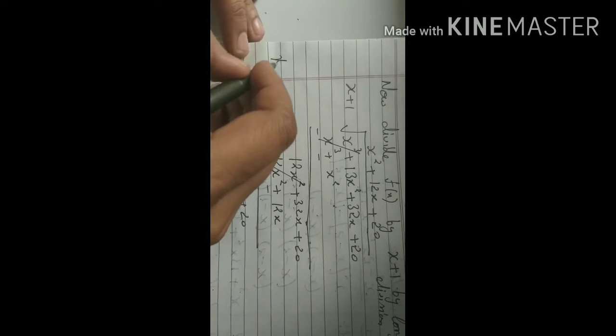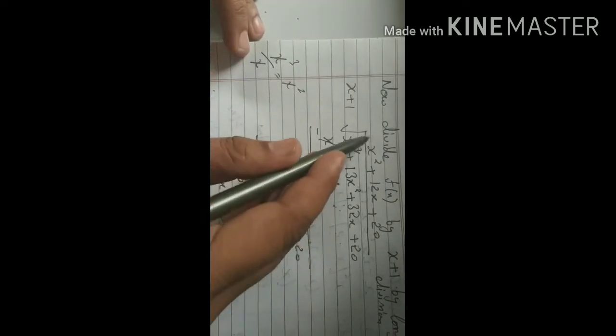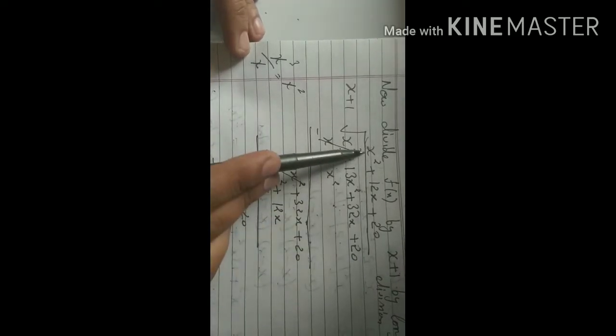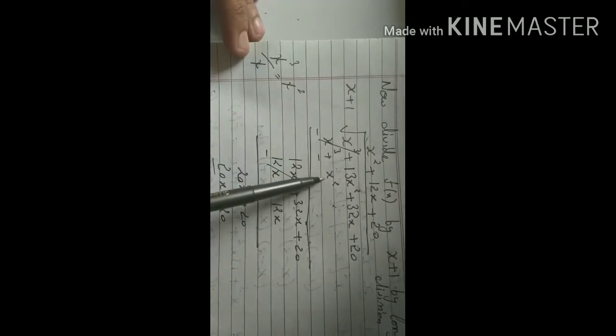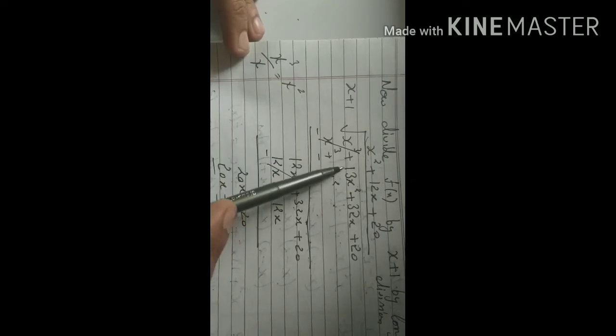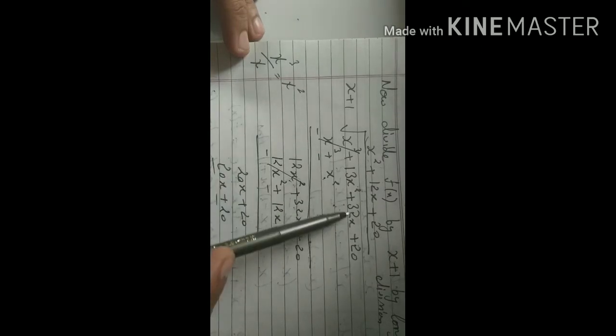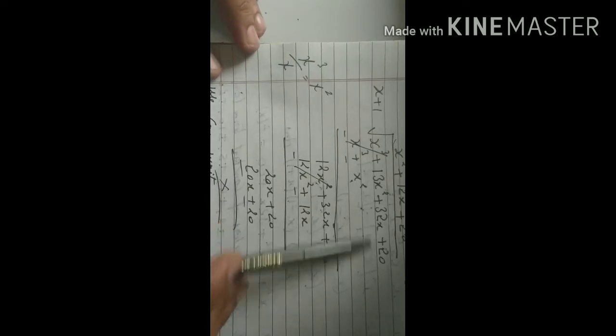If we divide x cube by x, we get x square. So firstly we take x square. Clear? When we multiply x square into x, we get x cube, and x square into 1, we get x square. After changing the sign, these terms cancel, and 13x square minus x square is equal to 12x square. 32x plus 20, these terms are the same.